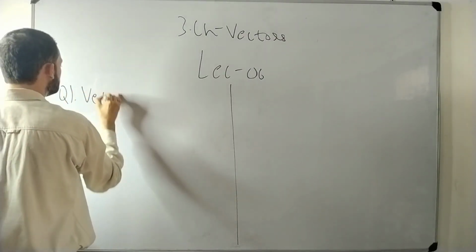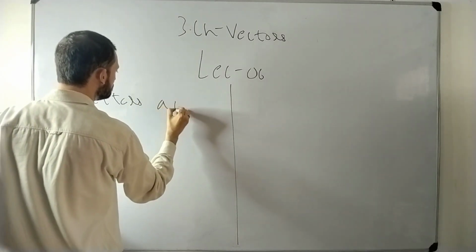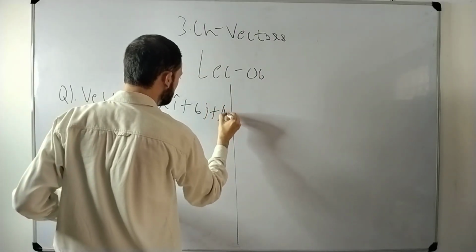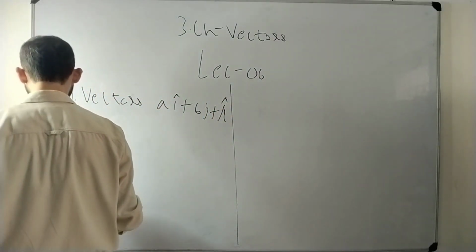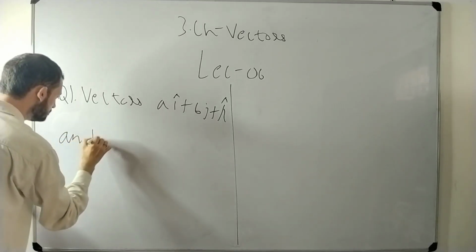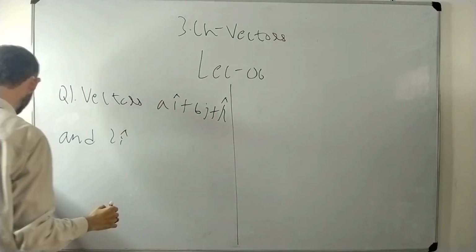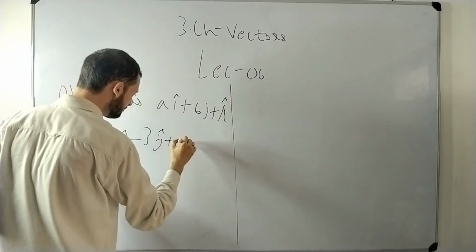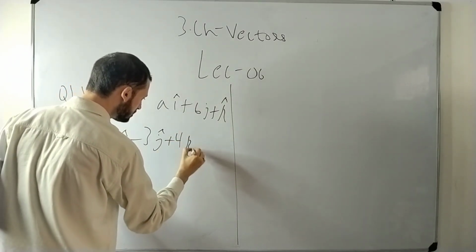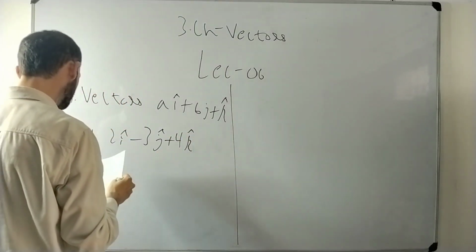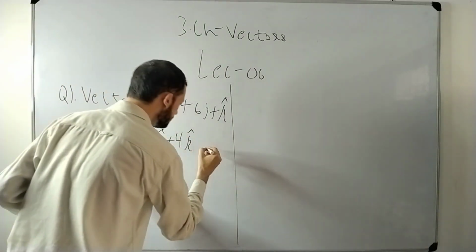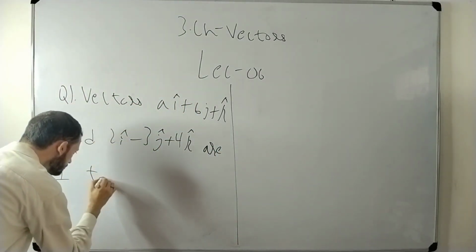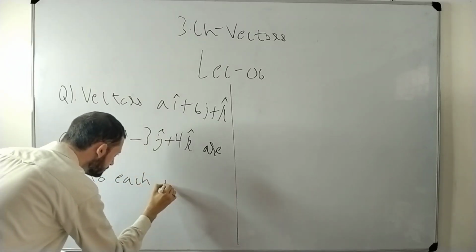Question: vectors A i cap plus B j cap plus k cap and 2i minus 3j plus 4k cap are perpendicular to each other.